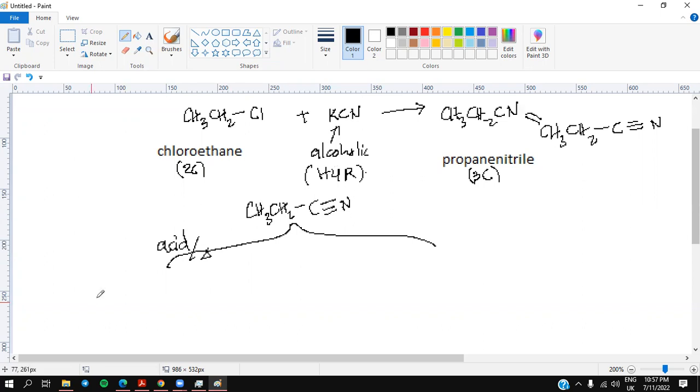What happens is the alkyl group remains constant, but the cyanide group becomes COOH.